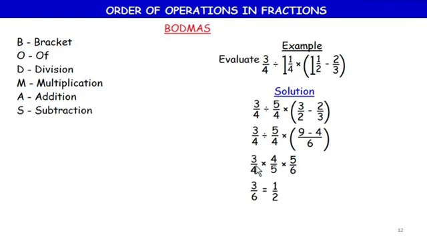So basically you'll be left with 1 times 1 times 1 all over 1 times 1 times 2, giving you 1 over 2. So that is how to solve a combination of fractions with a combination of operations. You just follow this format, this order. Right, okay, let's proceed.